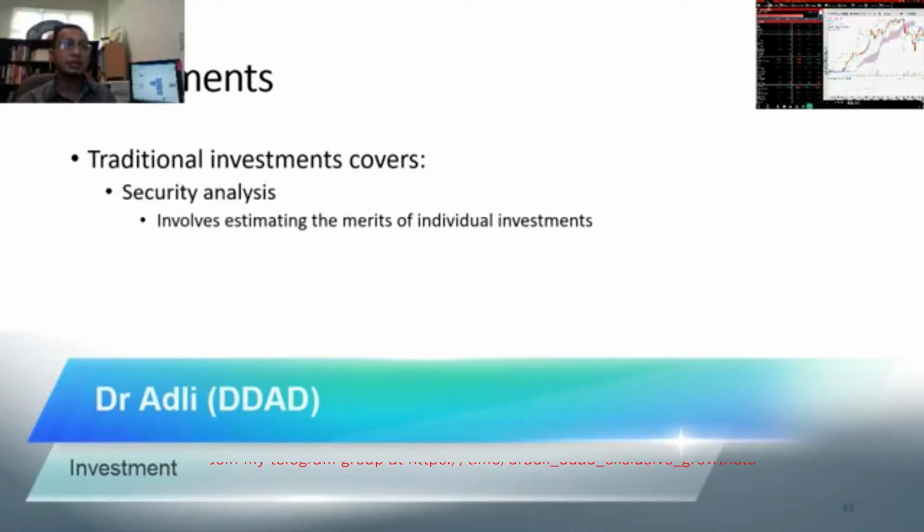Investment, basically traditional investment, covers security analysis, which involves estimating the merit of individual investments, whether that investment is actually worthy, whether it can provide you a handsome return. Basically everybody wants to invest because they want to get some additional return on their investment.